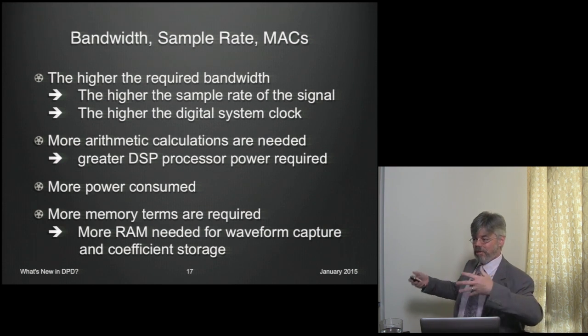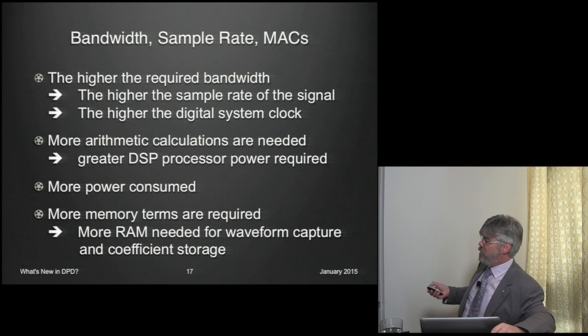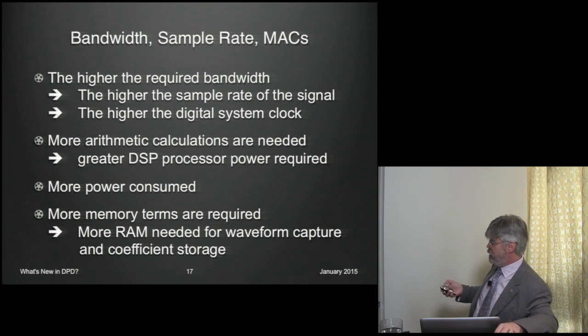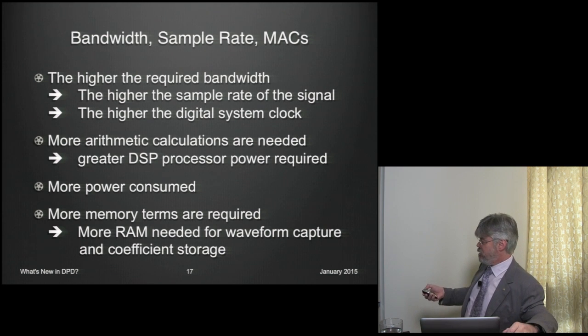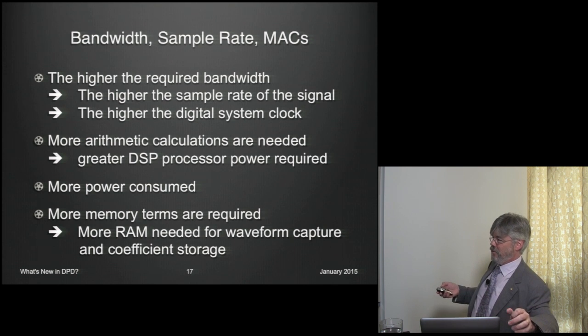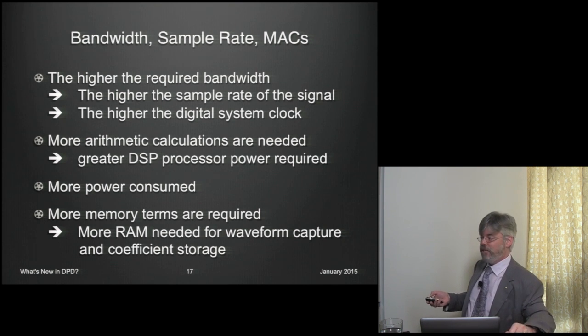So lots more cost is being built into this, more power is being consumed, possibly more memory terms are being required, and more RAM is needed for waveform capture and coefficient storage. So just increasing the bandwidth increases the cost and power consumption and complexity of your digital system that is, one might argue, the heart of your DPD system.